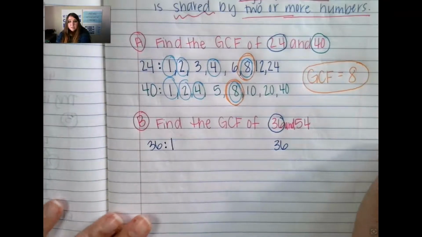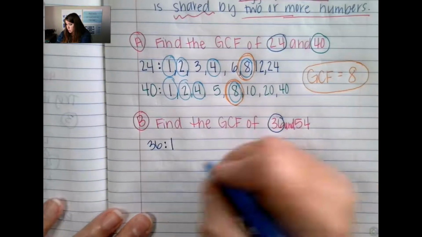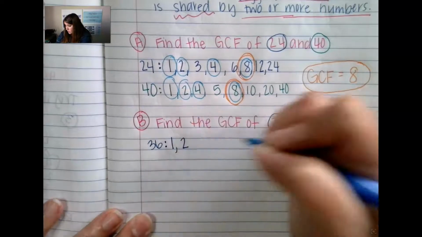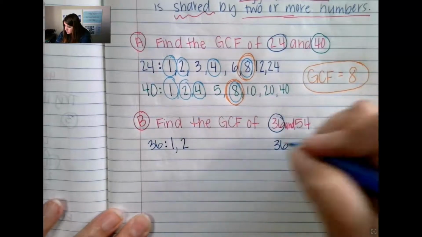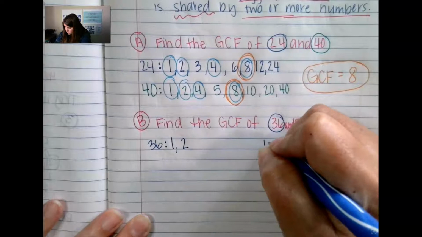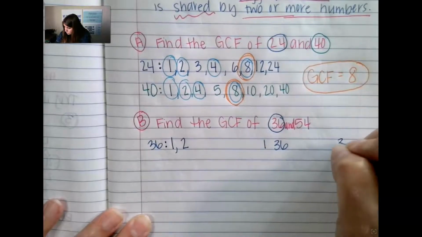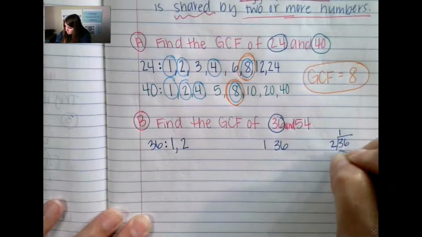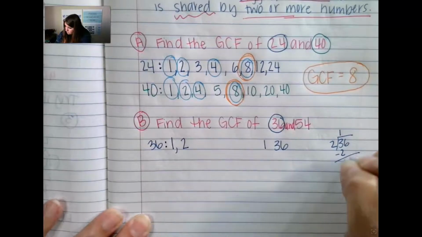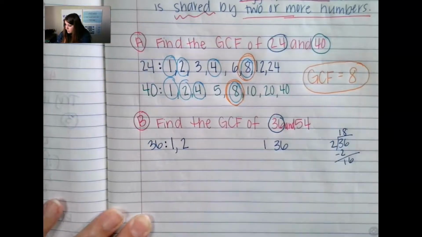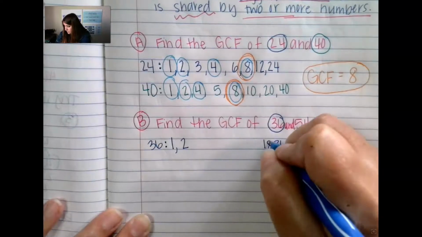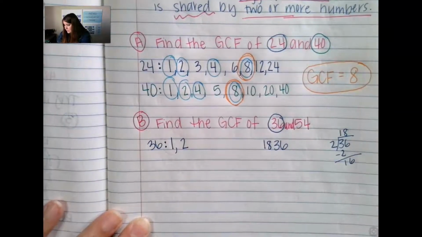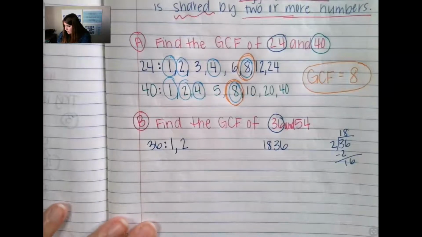That equals 36. 2 times 18 equals 36. And what else do we have?